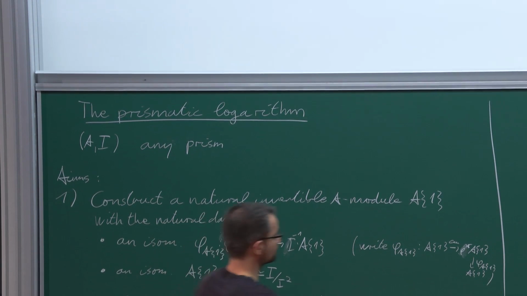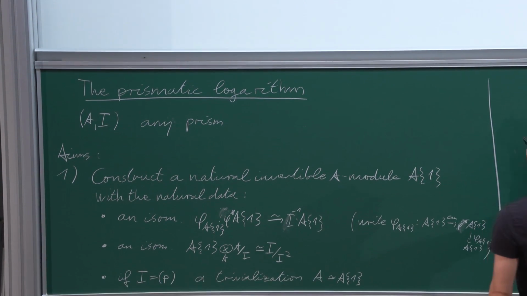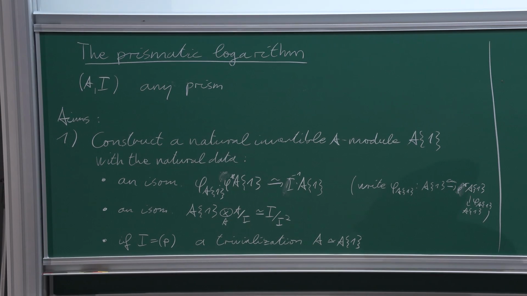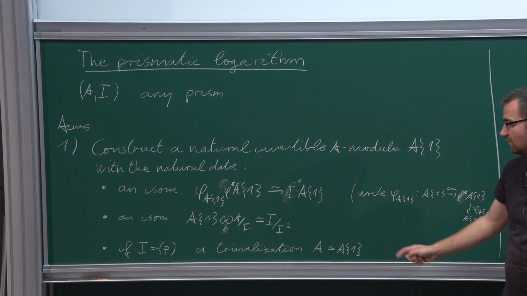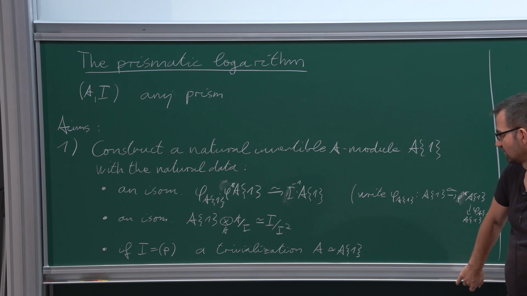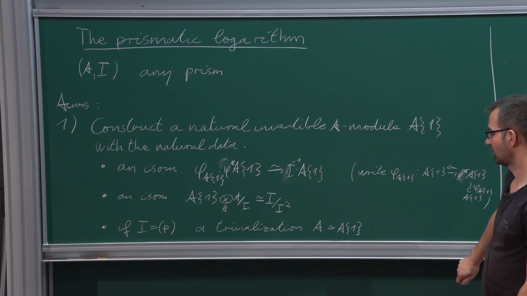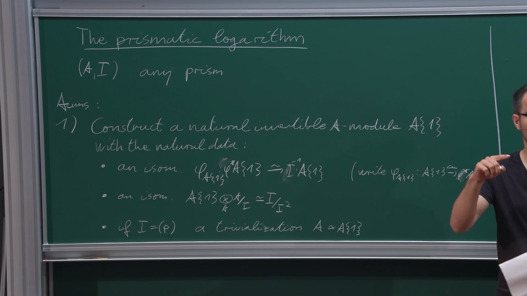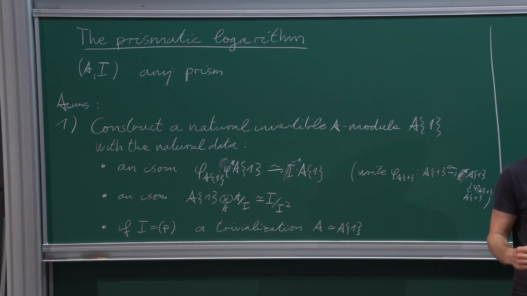And so under this isomorphism in point 3, what is phi in point 1? It's the divided Frobenius where you divide by p. Okay.